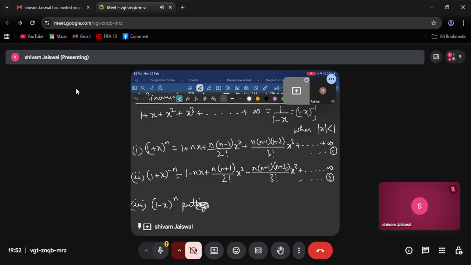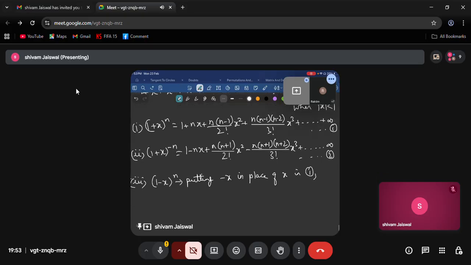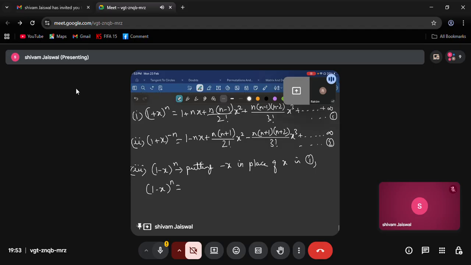By putting minus x in place of x in equation 1, what are we getting? 1 minus x whole to the power n will be equal to 1 minus nx plus n into n minus 1 by 2 factorial into x square minus n into n minus 1 into n minus 2 by 3 factorial into x cube dot dot dot up to infinity.